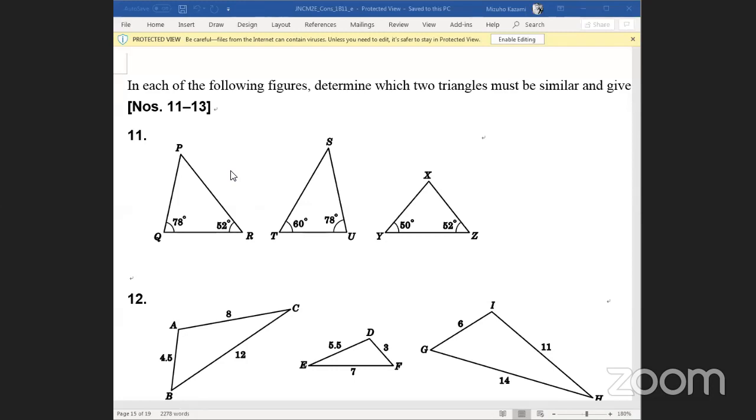If you want to do it in detail, first of all write clearly which triangle you are looking at. For example, if you want to find the missing angle in this triangle, you can just write: in triangle PQR.